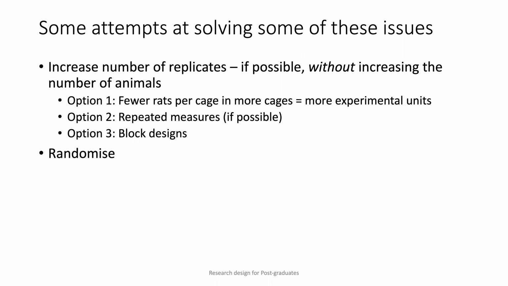So how do we solve this? Earlier, I said to you that maybe we can get away with as few animals as possible, and maybe we can refine our experimental design a little bit better. Perhaps we can have fewer rats per cage, but more experimental units.